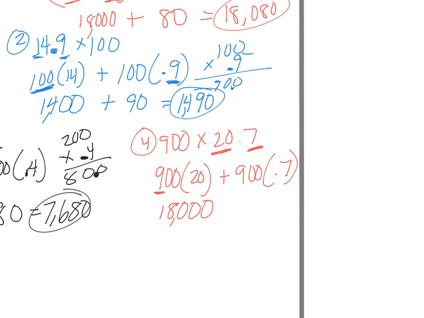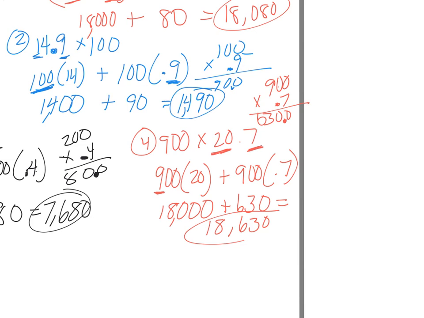So it's 18,000. And you can show that vertically if you need to. And then I have 900 times 7/10. This one I get 6,300, but again, with tenths, I have to go one decimal place, meaning one place value. So it'll be 630. And then I can just add those together to get 18,630.